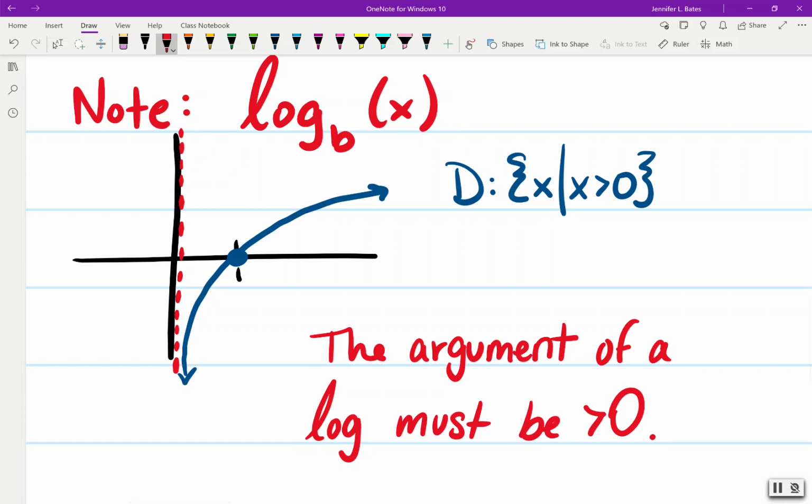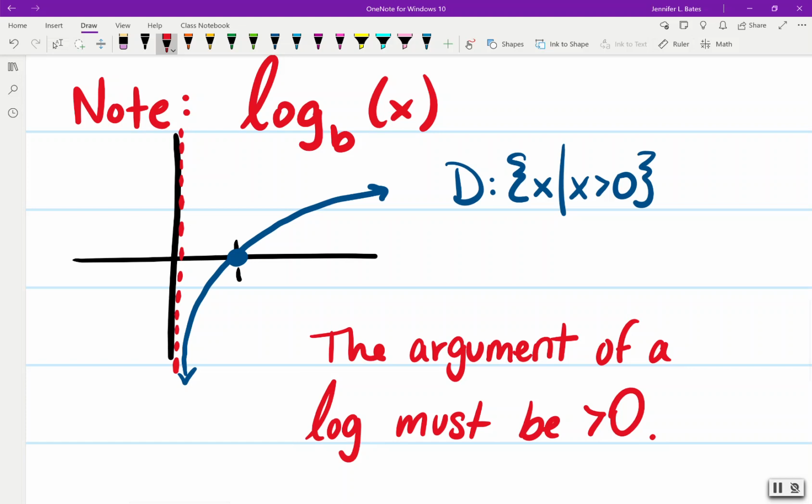Because of the restriction on a log, because of the asymptote, we know that the domain, the x values, have to be greater than 0. So the argument has to be greater than 0. It cannot be 0, and it cannot be negative.